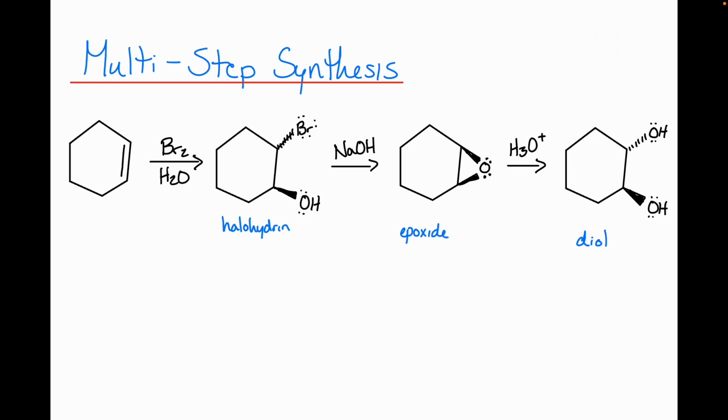We put a bromine and an OH group. We treat that with sodium hydroxide. We form this special ring. We call it an epoxide. And then we treat that with acid. We get a ring opening reaction to produce a diol. All right, and let's just be lazy and write an enantiomer for each of these steps.